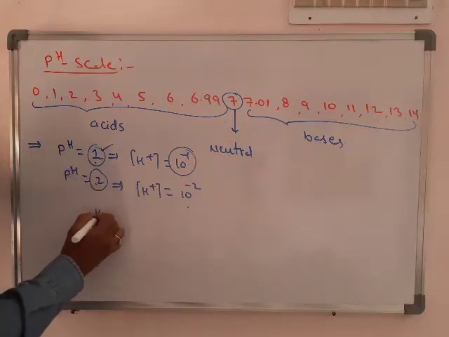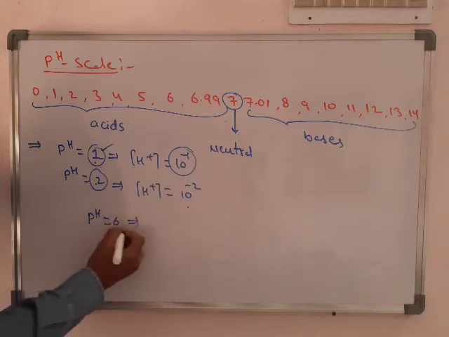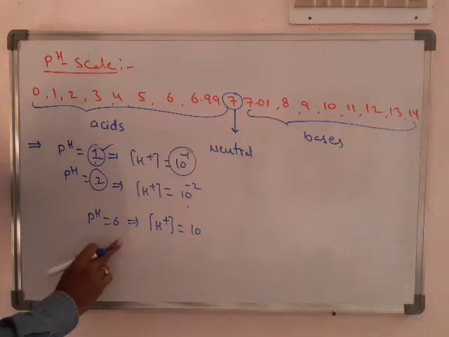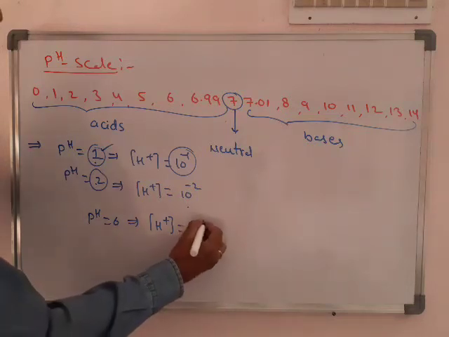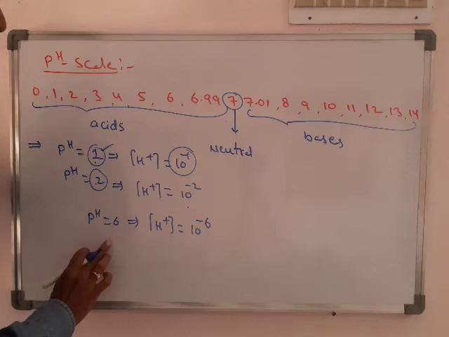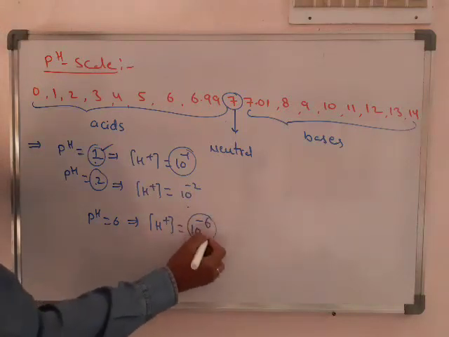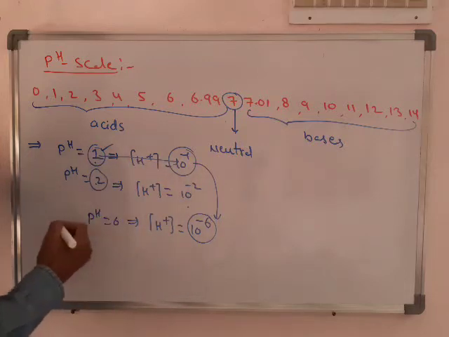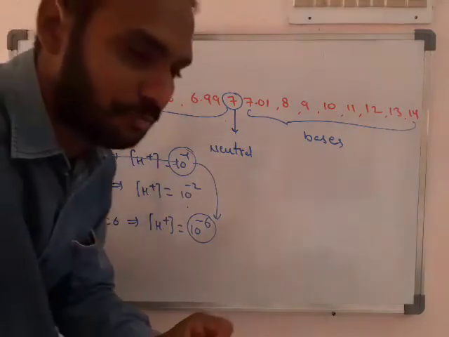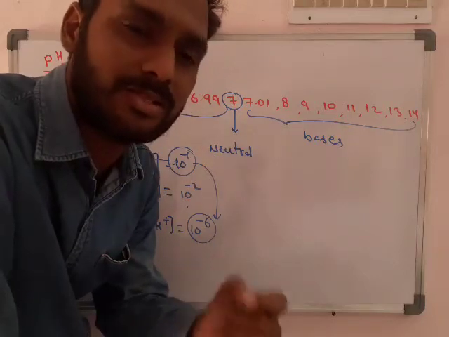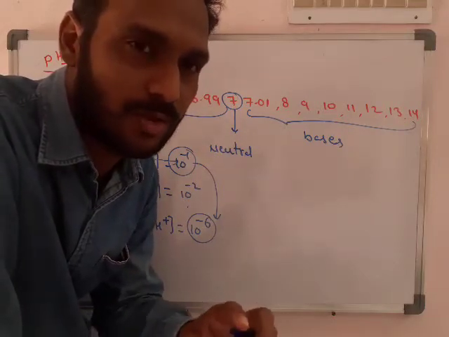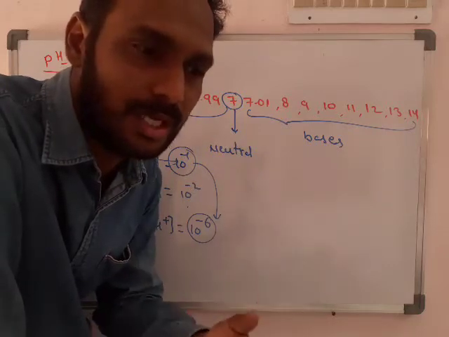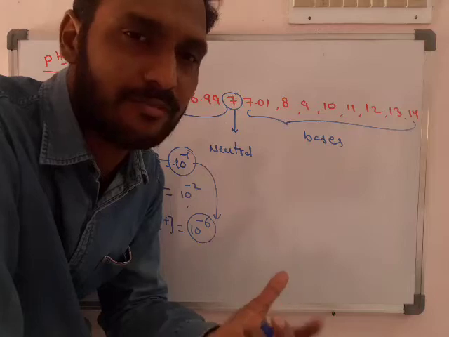For example, if pH equals 6, the H plus concentration is 10 power minus 6, which is very low compared to pH 1. So if the pH value is less, it is a strong acid. If the pH value is more, it indicates less H plus concentration, so it is a weak acid.